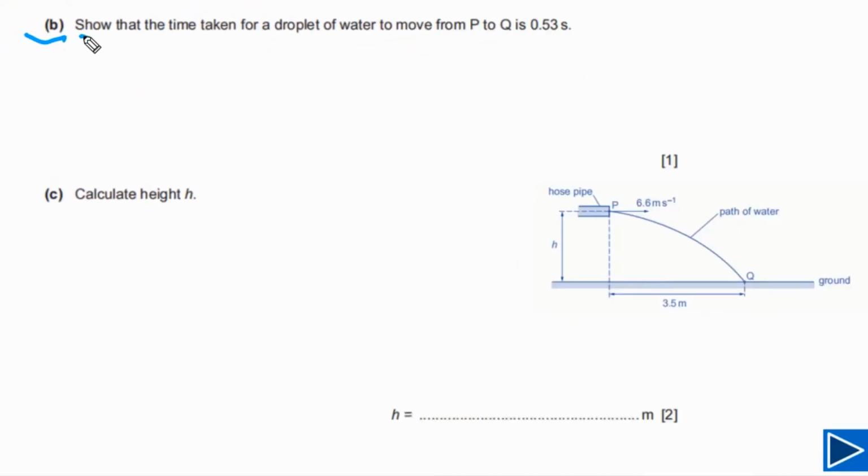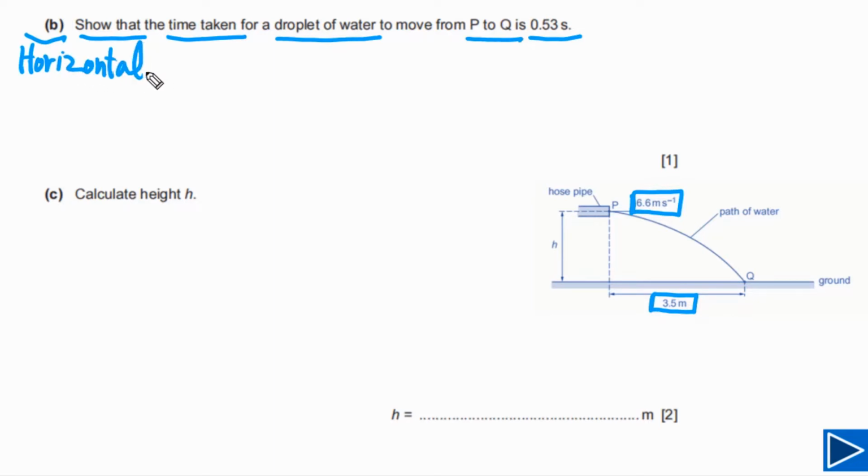For part B, we need to show that the time taken for a droplet of water to move from P to Q is 0.53 seconds. For this question, horizontal velocity is given to us, and horizontal displacement is also given. So we can consider horizontal motion and find the value of time.